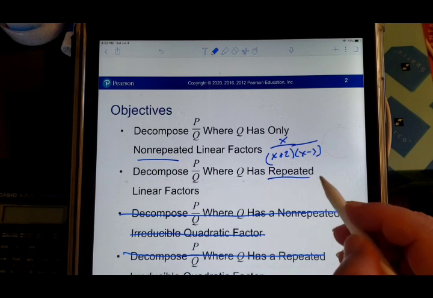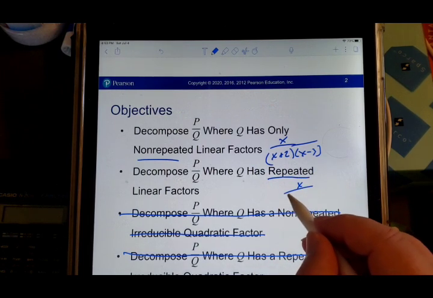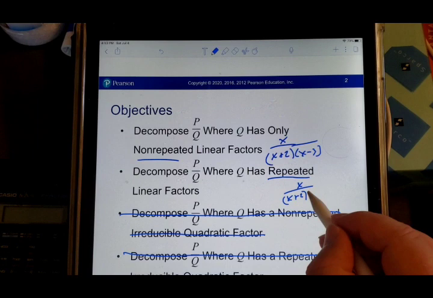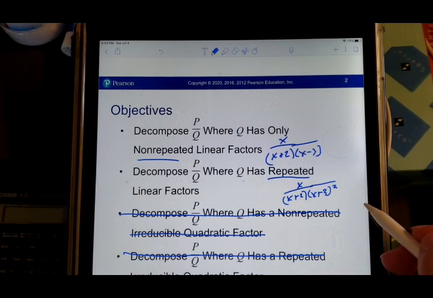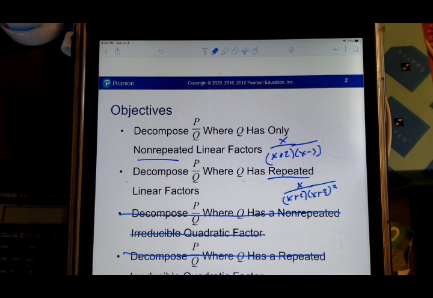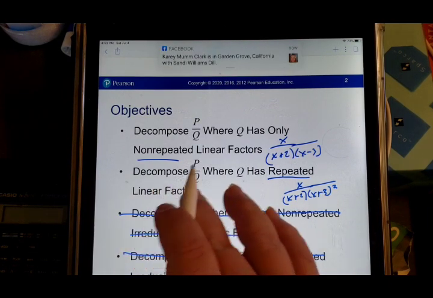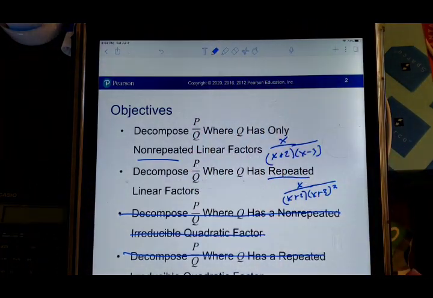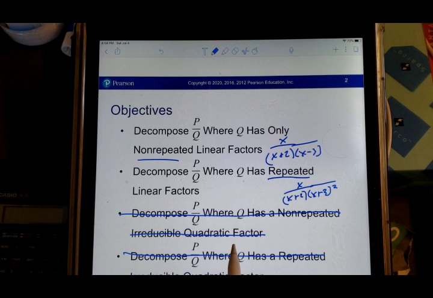When they say repeated, it would be like x over (x plus 2)(x plus 3) to some power. They could both be to a power. But that would be a problem with repeated linear factors. And then you have irreducible quadratic factors.